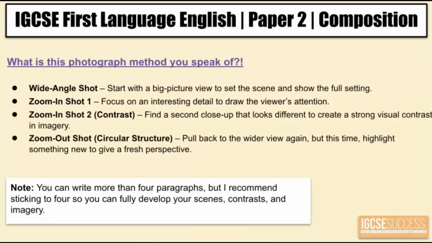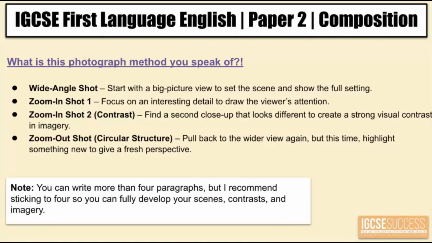So what is the photograph method? So as I said in the intro, it consists of 4 paragraphs, and I put there in the white box, you, time permitting of course, are more than welcome to write more than 4 paragraphs, but I do recommend sticking to 4, and that will allow you to really develop the images, the contrast, etc. that you use.